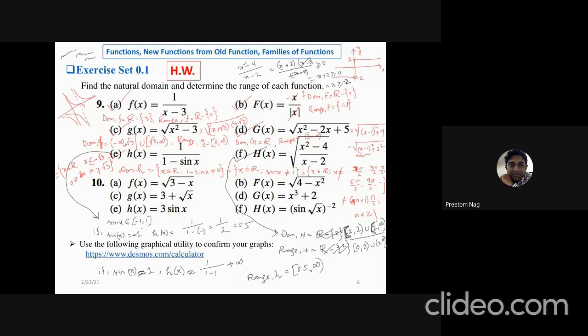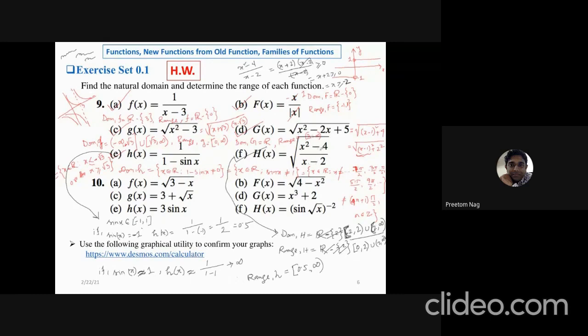Okay, so why is this the range? At least you understand the range will be 0 to infinity. Since this is a square root function, the range will always be 0 to infinity. But since we cannot consider x equal to 2, since we cannot consider it, 2 plus 2 is 4, x inside this square root, 4 cannot be an output, right?